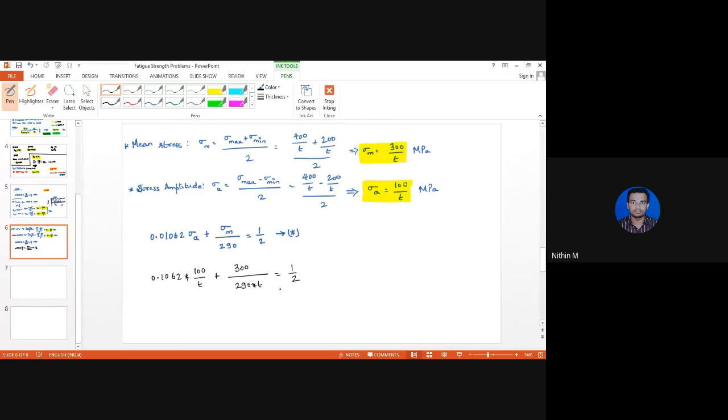This is the equation that you have. Can you solve it and tell me the value of T?